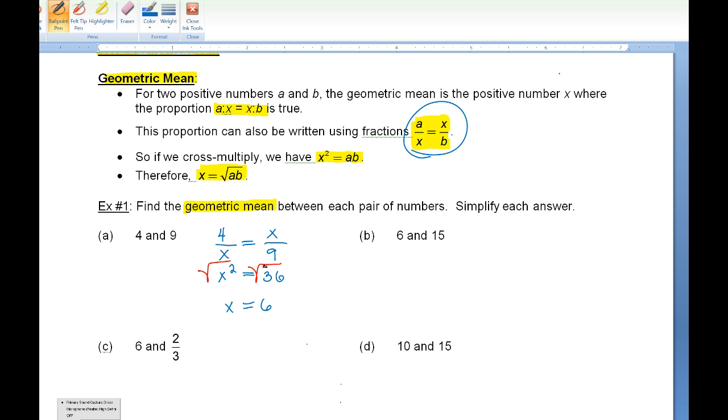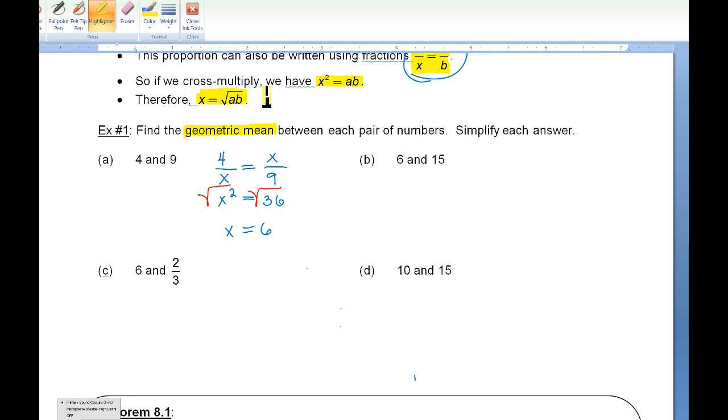However, notice here it says positive numbers, so we're going to have a positive answer for these. So we do get x equals 6, and we didn't have to really worry about reducing any radicals in that case, since the square root of 36 was a perfect square.